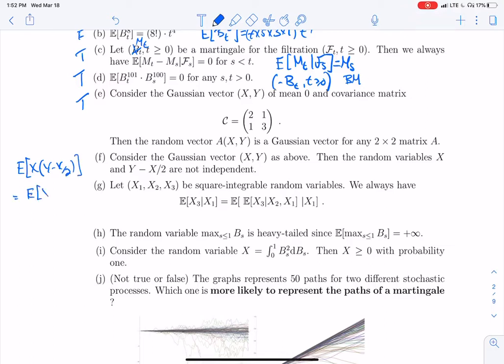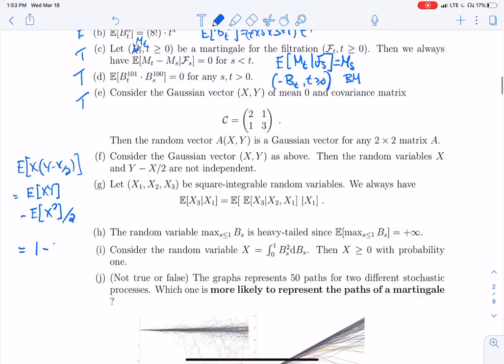This is E of XY minus E of X squared over 2. And now this is the Gaussian vector above, so I can replace the value of the covariance, given in the covariance matrix. So this is equal to 1 minus, and the variance of X is 2, so minus 2 over 2, so it's 0. So they are independent, so this is false.